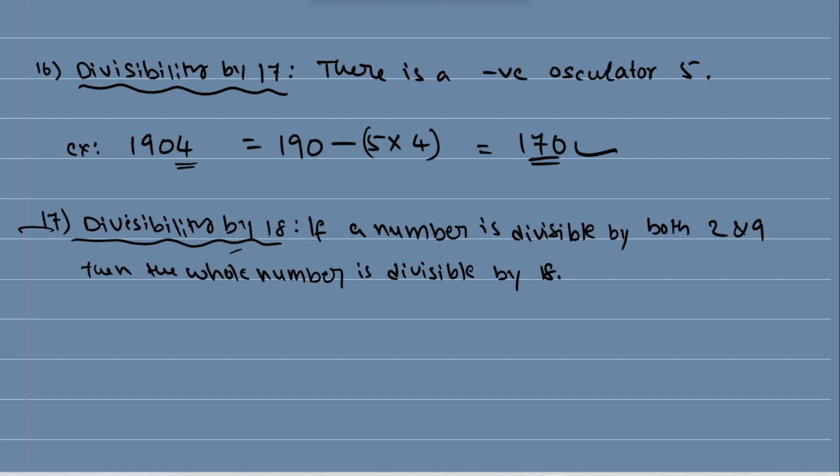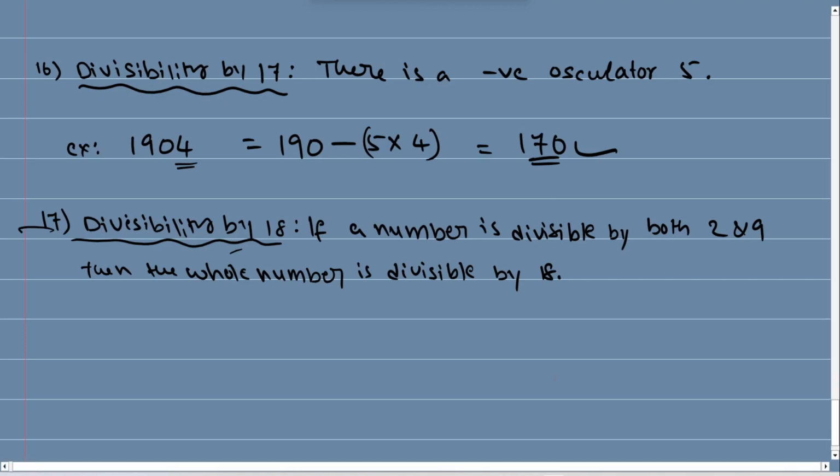Here if we take 72, the unit digit is 2, right? So the divisibility of 2 is okay. For 9, 72 is okay. So both things are happening. So 72 is divisible by 18. Okay, like that we will go.